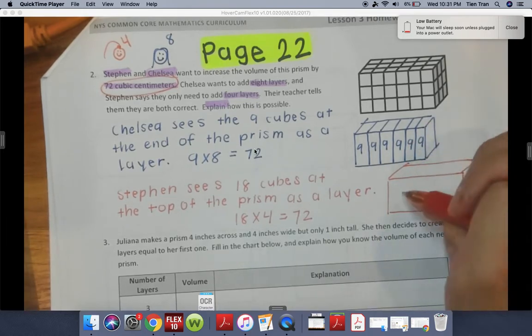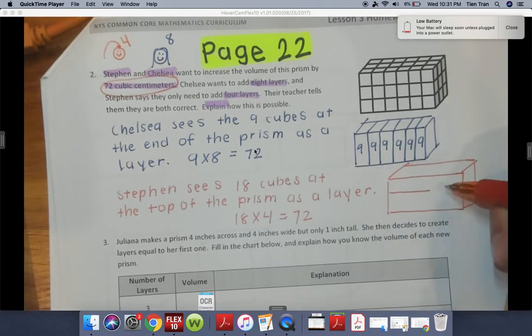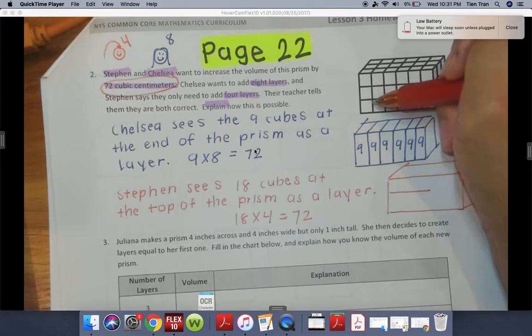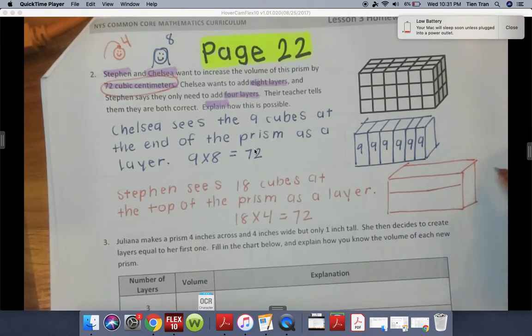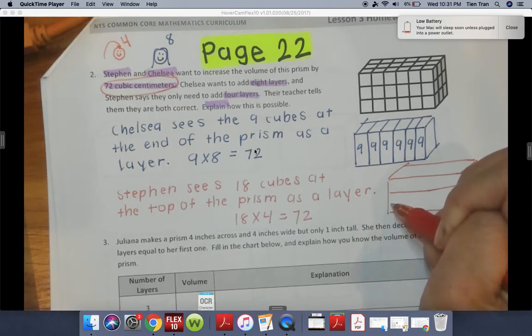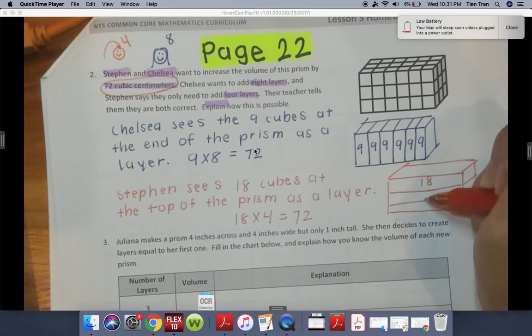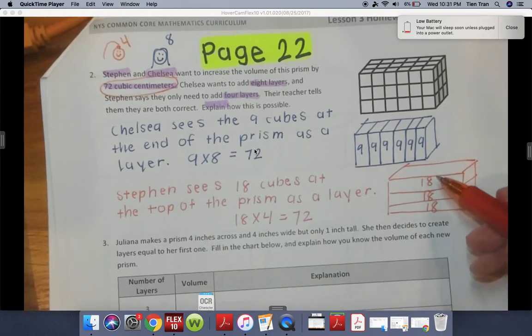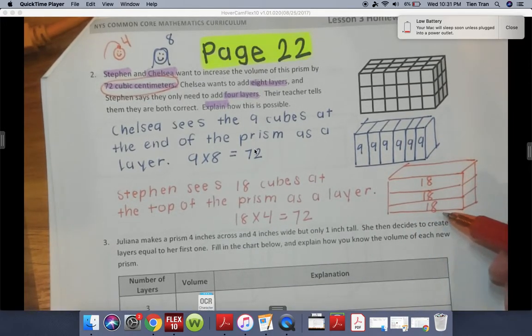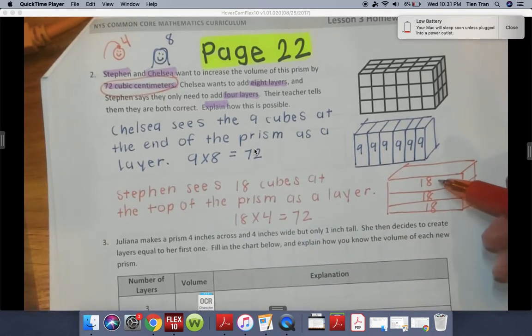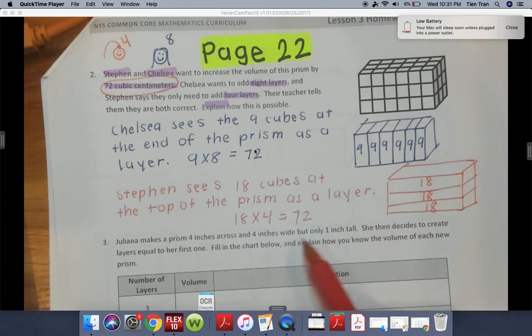Okay, so each layer is divided into 1, 2, 3. I almost said 4. It's divided into 3. So there's 18 in each layer, and when you add 18 plus 18 plus 18, you'll get 72, or 18 times 3, you're going to get 72.